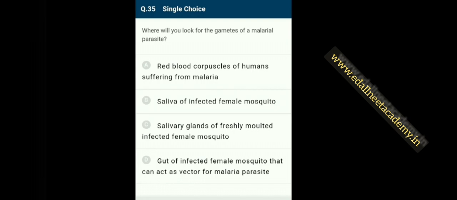During a blood meal by the mosquito, blood stage parasites, that is gametocytes, which occur in male and female forms, are ingested and pass into the gut of the vector mosquito. These gametes mate in the gut of the mosquito and begin a cycle of growth and multiplication in the mosquito. Thus, gametes of the parasite will be found in the gut of the mosquito. So the answer is option D. Gut of the infected female mosquito that can act as vector for the malarial parasite.